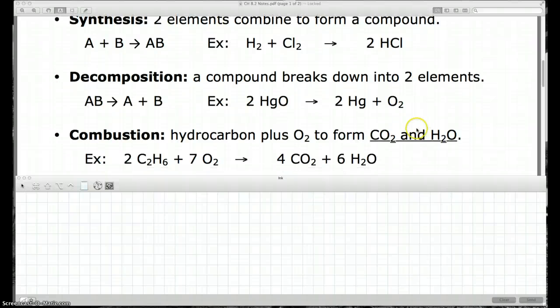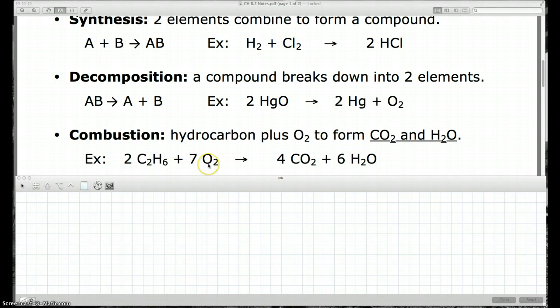The next one, combustion. Combustion doesn't really follow a pattern like the other four do. Combustion is a very specific type of reaction. It must be a hydrocarbon, and a hydrocarbon is something made up of hydrogen and carbon. We can see that here, C2H6, that's our hydrocarbon because it's made up of carbon and hydrogen.